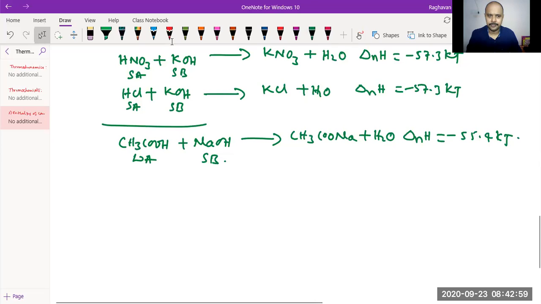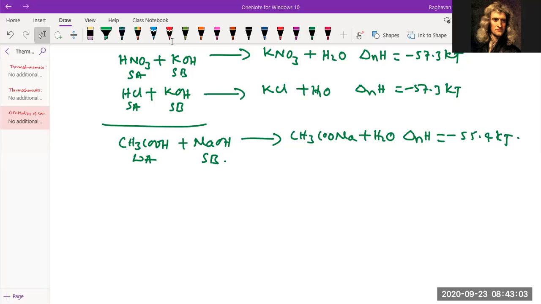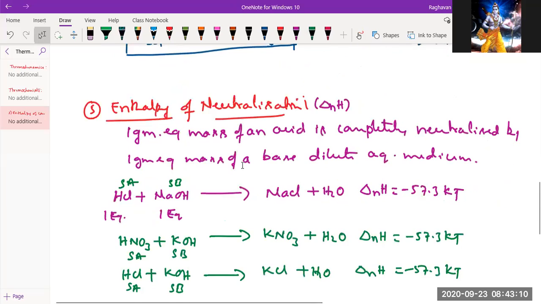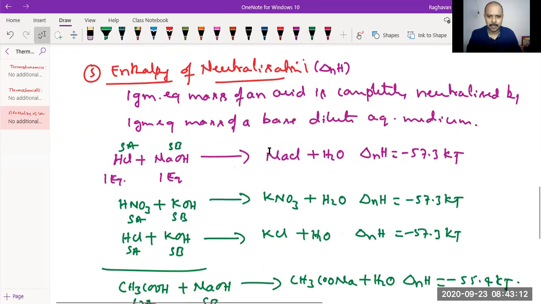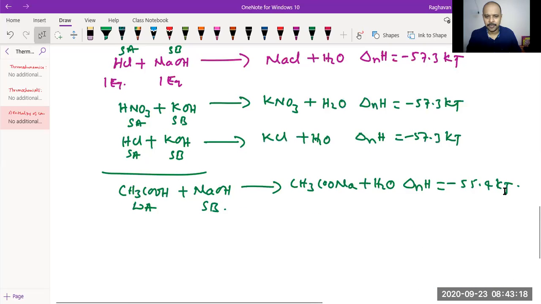Weak acid does not dissociate completely. So what? Can you repeat the question? Why is the enthalpy of neutralization of a strong acid by a strong base constant, and why is it not constant in case of weak acid and weak base?